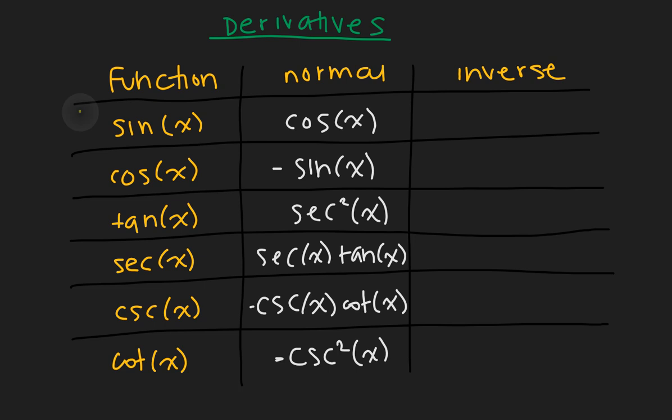Well, these first two are grouped together. No one else in the table has cosine or sine. It's just the first two. This is what I call a partner.